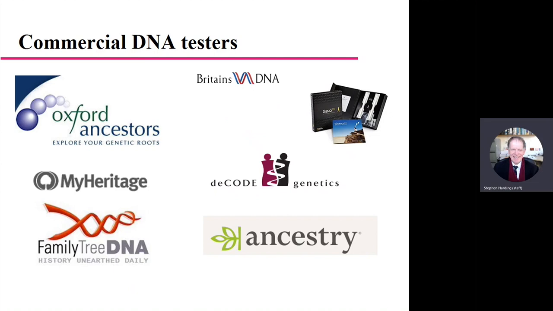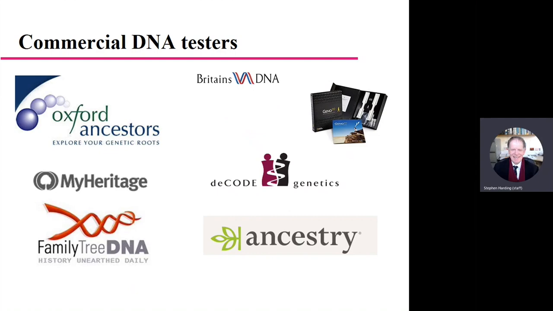But these are some of the commercial DNA testers that have been involved. Some no longer exist. For example, Oxford Ancestors has closed, and Britain's DNA also closed under a shroud of controversy concerning false claims, overclaiming what people's ancestry is. This was National Geographic. I think this is also closed. This was very good.